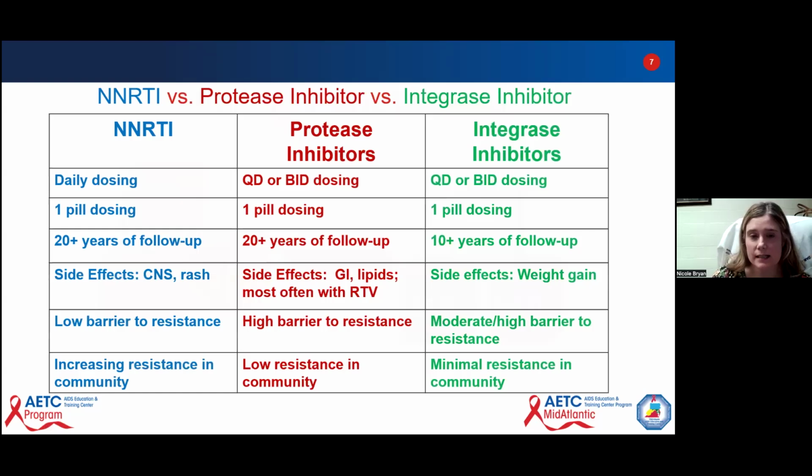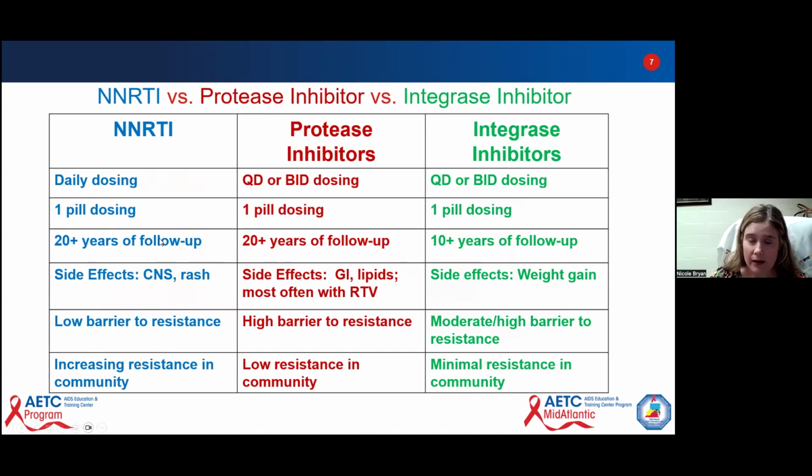This is a side-by-side comparison of those different agents. All of them, you can see, have daily or twice daily dosing options. This is a big change from the mid 90s, when patients might have to take the medications multiple times a day or even set their watch for when a dose was due.